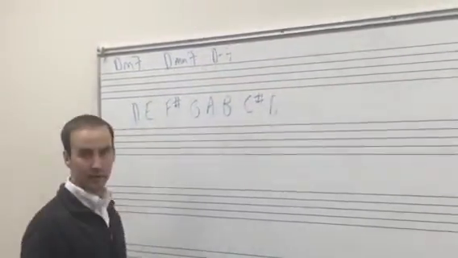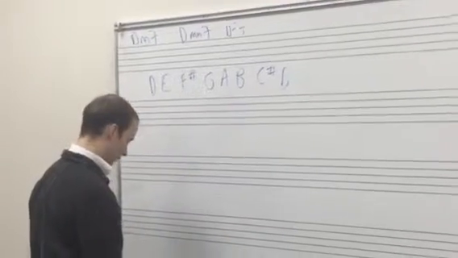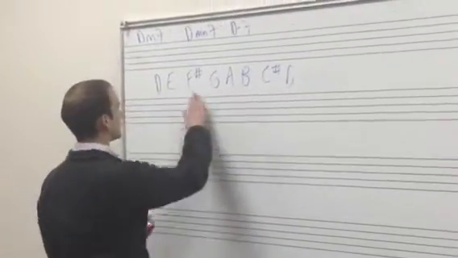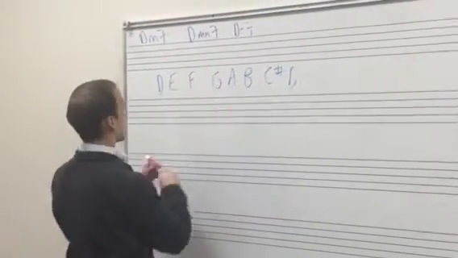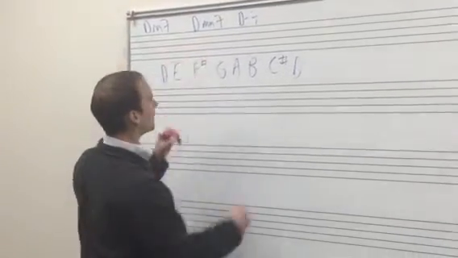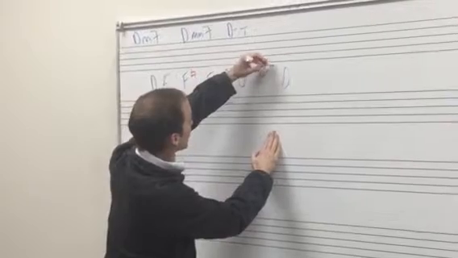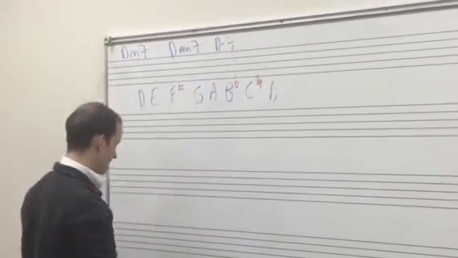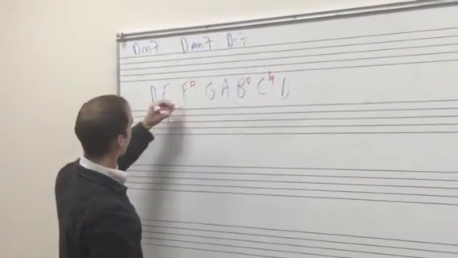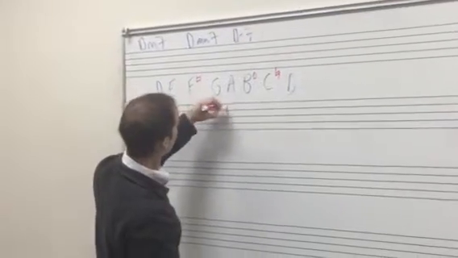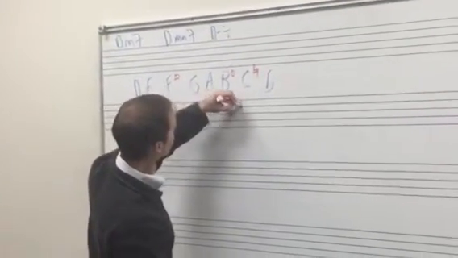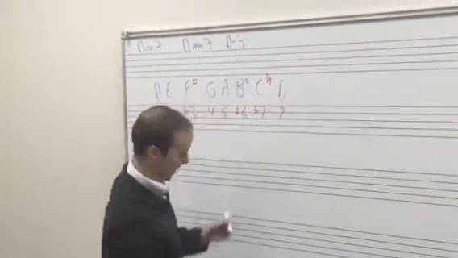Start with a major scale, and then we have to lower the 3rd, 6th, and 7th. So F becomes F natural, B becomes B flat, and C becomes C natural. Okay? The modal numbers underneath are 1, 2, flat 3, 4, 5, flat 6, flat 7, and 8.